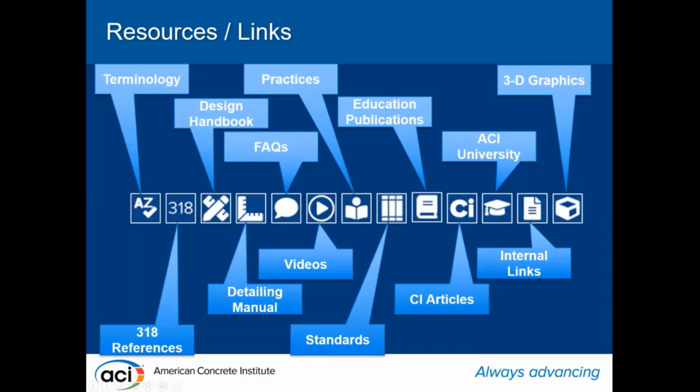All of the references that are in 318 are listed under a 318 icon. And this just gives you a visual clue that there's a type of resource linked to that provision. So if you really like to watch videos of people explaining things to you, then you're going to want to keep your eye out for the video icon and see if that's in any of the provisions that you're working on.